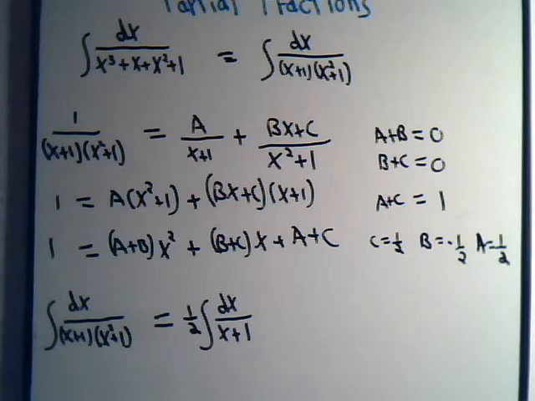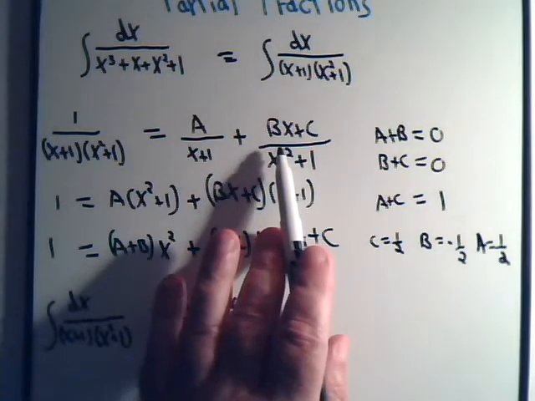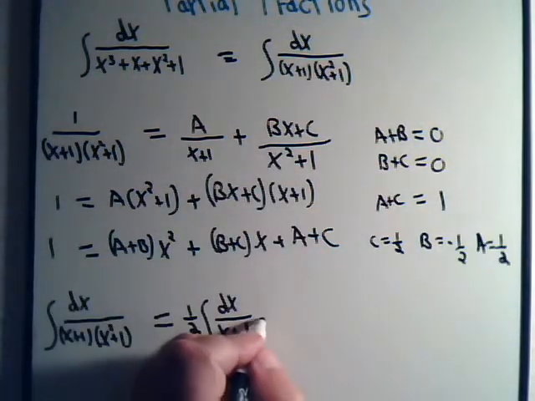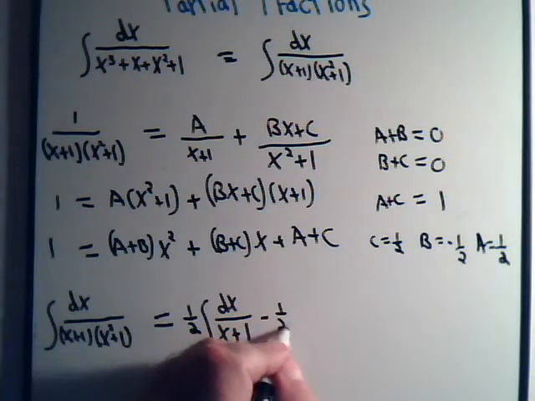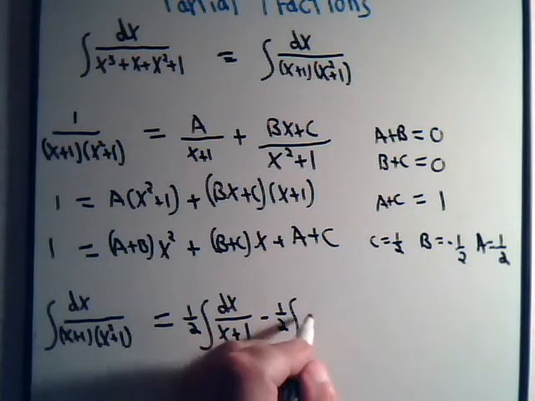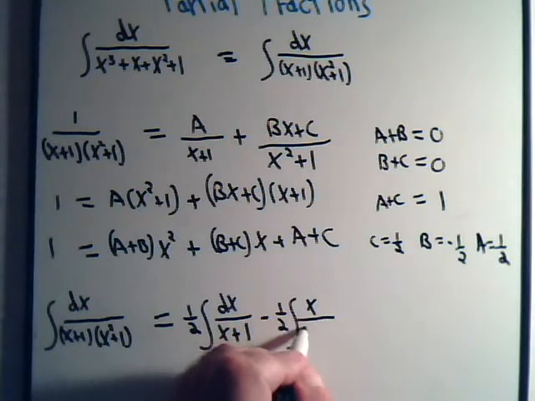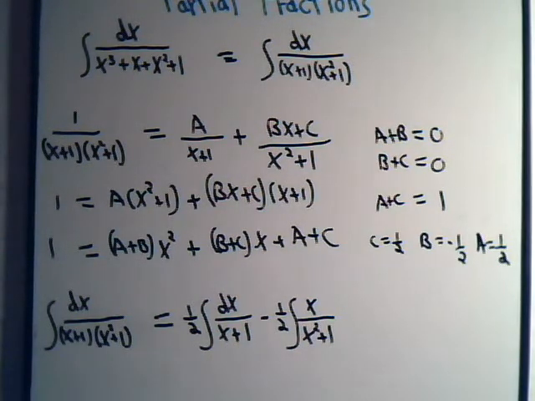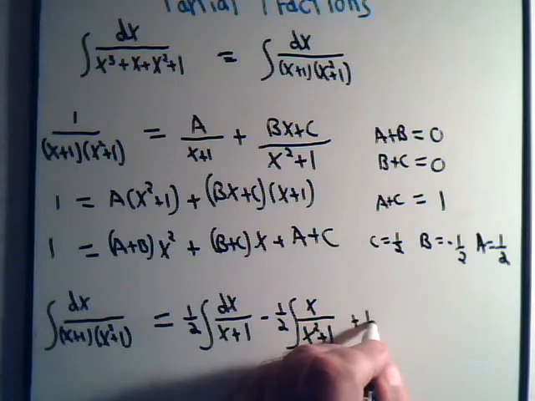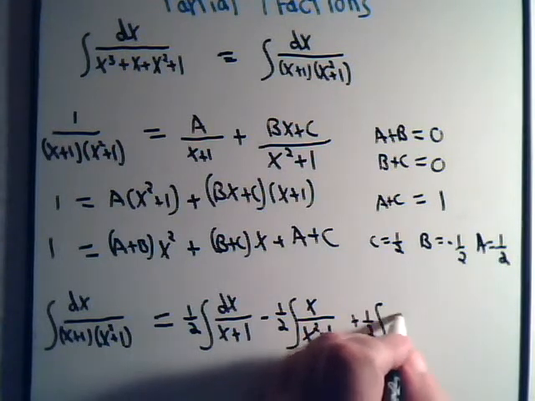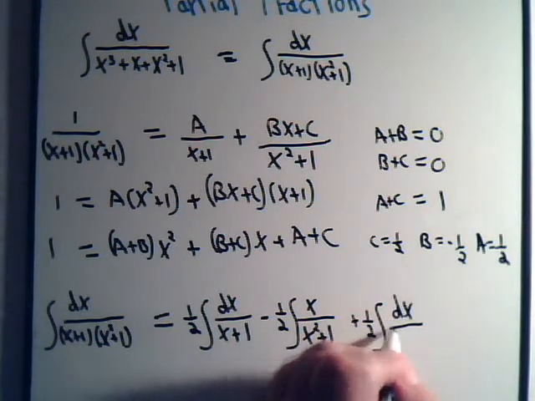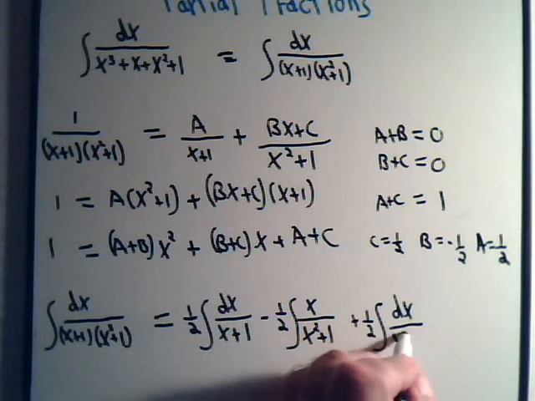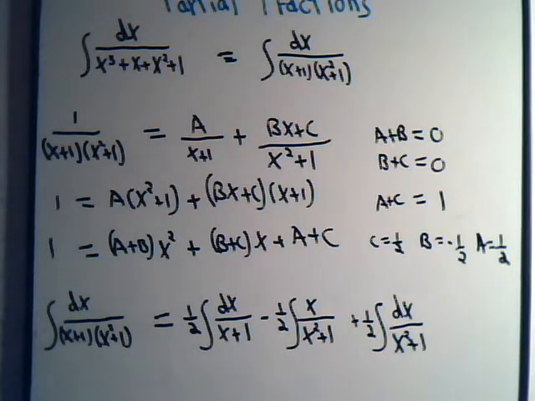B is minus 1/2, so that will be minus 1/2 the integral of x over x squared plus 1. And C is equal to plus 1/2, so we'll have plus 1/2 the integral of dx divided by x squared plus 1.